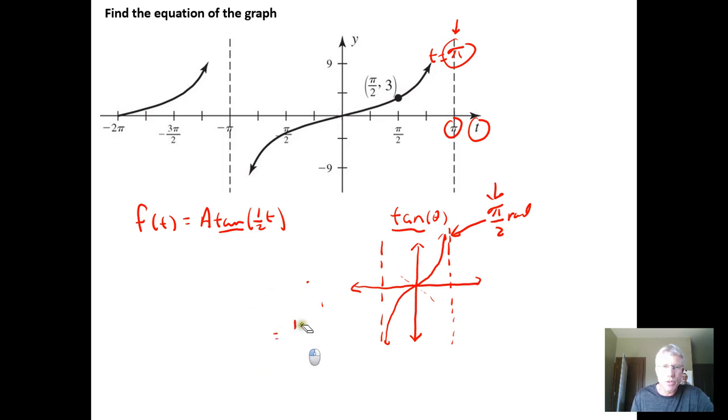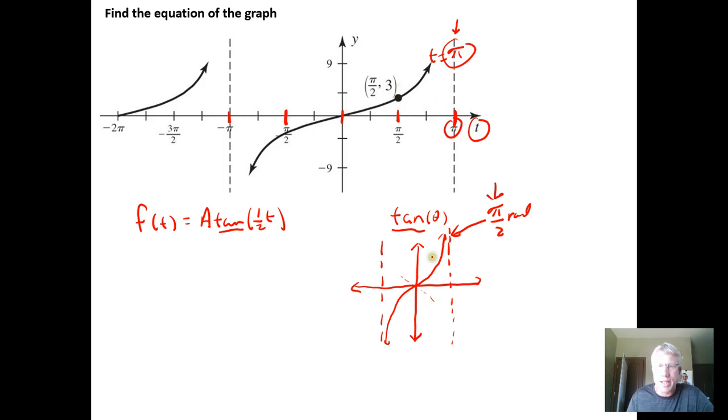So then my next job is to figure out what a is. And what I want to do is look at the graph and identify whether I can break it into 4 equally spaced regions. In other words, if I put a tick mark here, here, at the asymptote, here, and here, is that breaking the graph into 4 equally spaced regions? 1, 2, 3, 4.